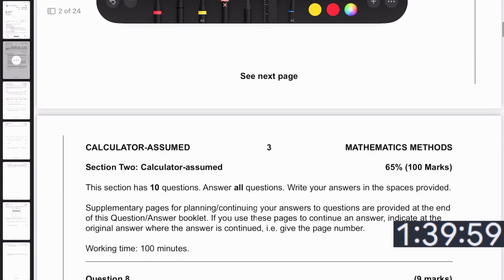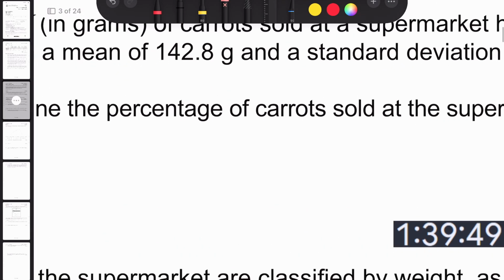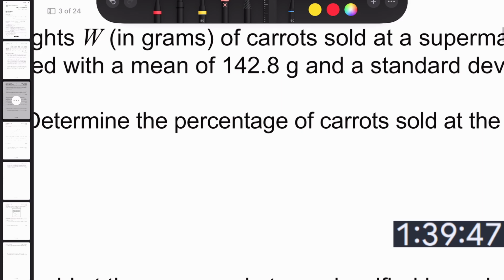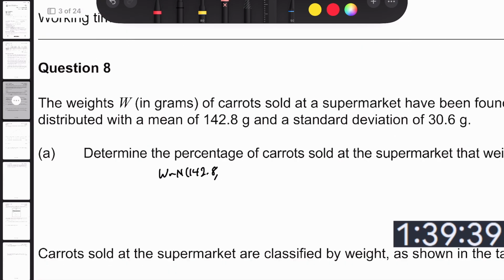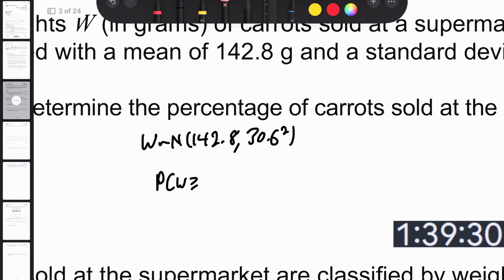Let's go. The weight W of carrots sold is assumed to be normally distributed. Determine the percentage of carrots sold in the supermarket that weigh more than 155. So let's say W is normal distribution with a mean of 142.8 and a standard deviation of 30.6. So probability W is more than 155.